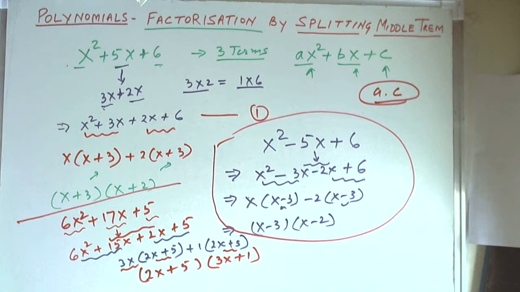After splitting, it becomes 4 terms, and then we do pairing: the first 2 terms and the second 2 terms, and then in a 2-step method we take the common factor and thus arrive at the factors of the polynomial.